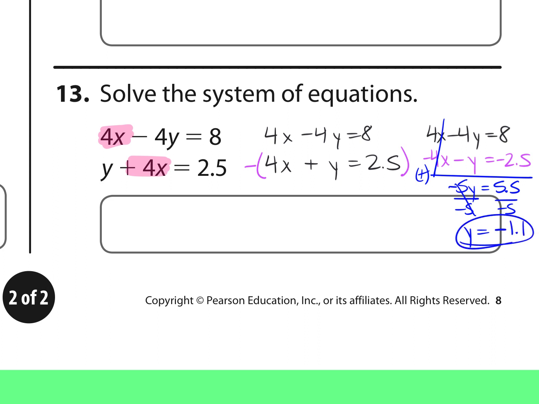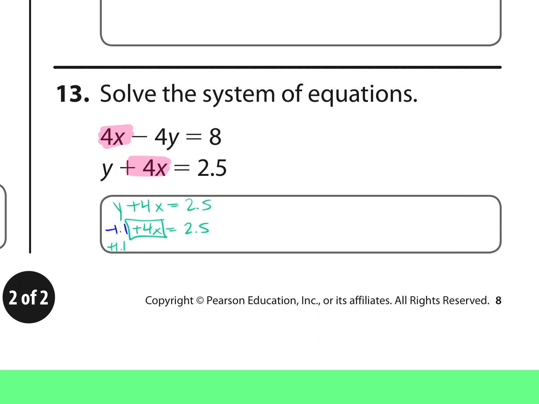So we found y. Now to get x, I'm going to take either of my original two equations. I think I'm going to take my second one and say, okay, y plus 4x equal 2.5, where y is negative 1.1. And then I'm just going to solve this for x.